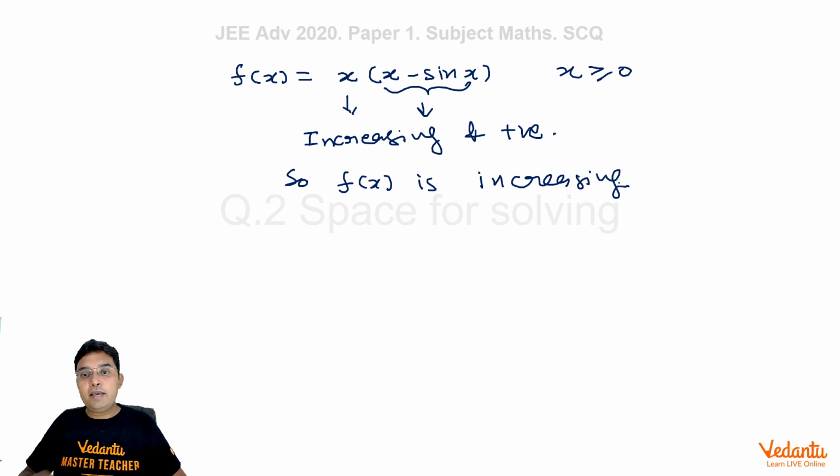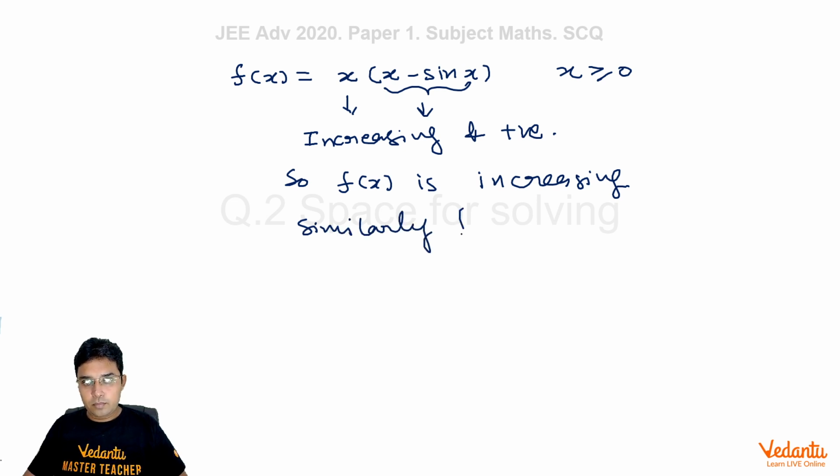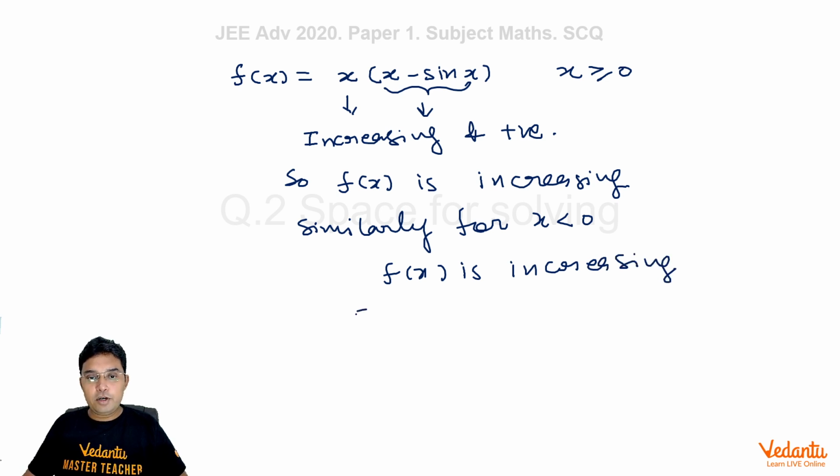Now exactly the same way as I have said for x greater than 0, similarly we can say for x negative also that the function will be increasing, and hence the function is one-one.